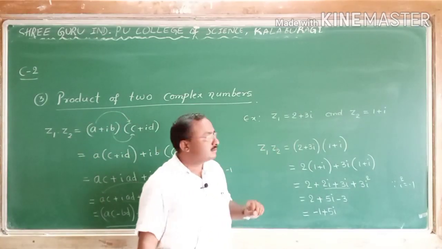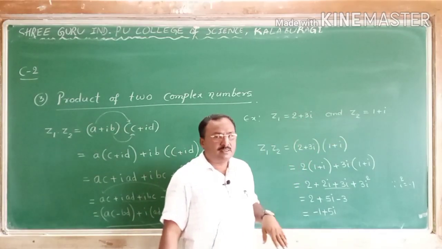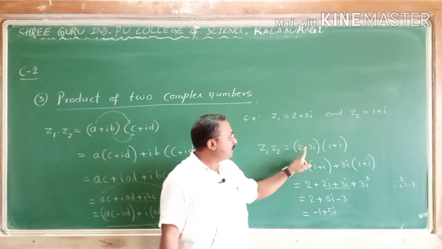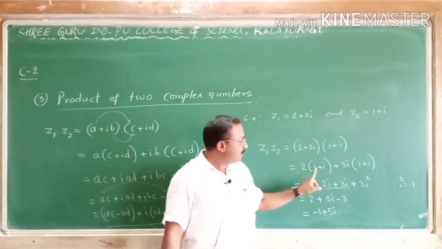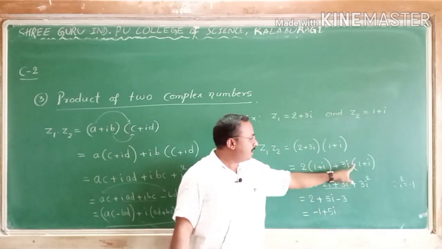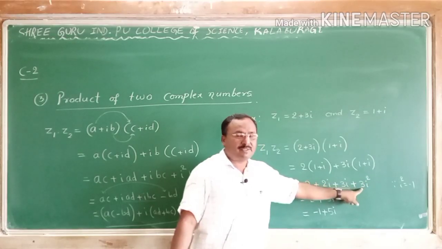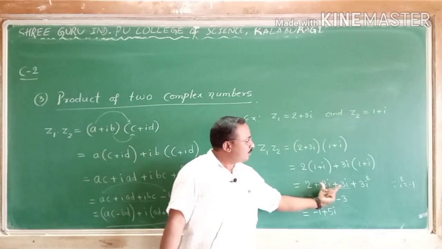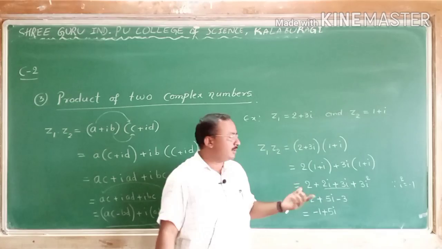Take one example: z1 is 2 plus 3i, z2 is 1 plus i. Product multiplication starts: 2 times (1 plus i), 3i times (1 plus i). 2 into 1 is 2, 2 into i is 2i, 3i into 1 is 3i, 3i into i is 3i squared. I squared value is minus 1. 2i plus 3i is total 5i.